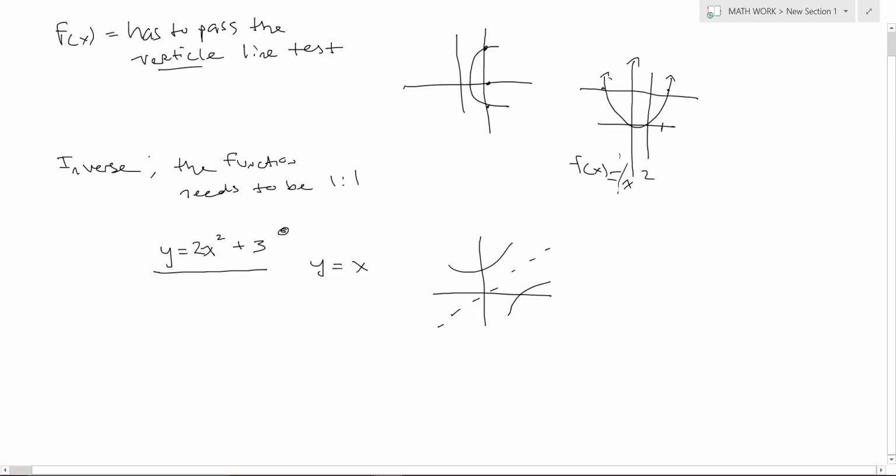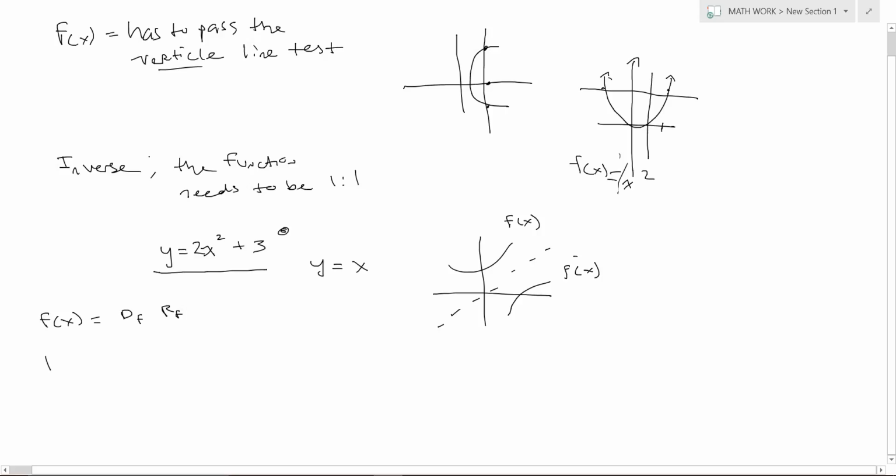So this would be the function of x. This would be the inverse function of x, right? Another property that the inverse holds is that the domain and range are interchanged. So for the function of x we have a domain and we have the range of the function, right?